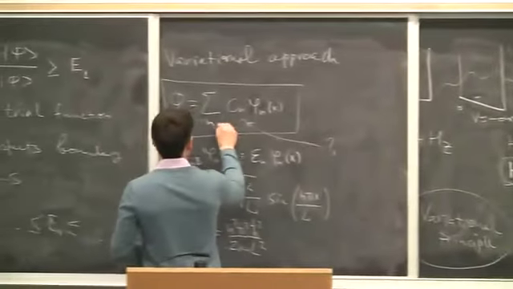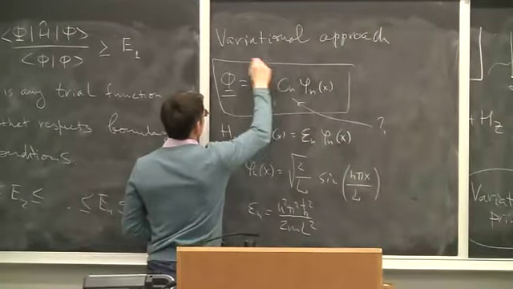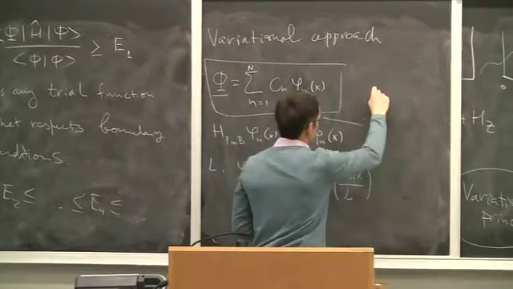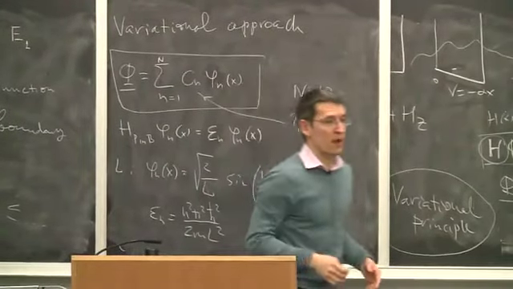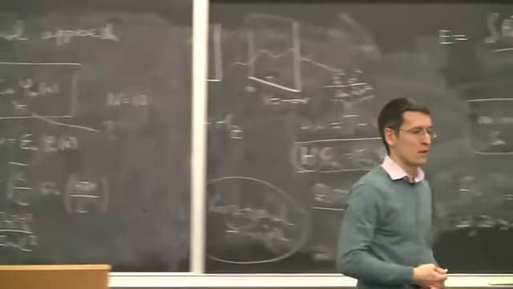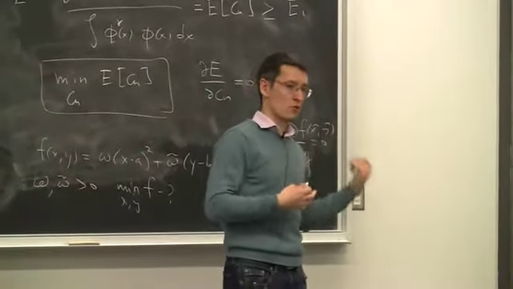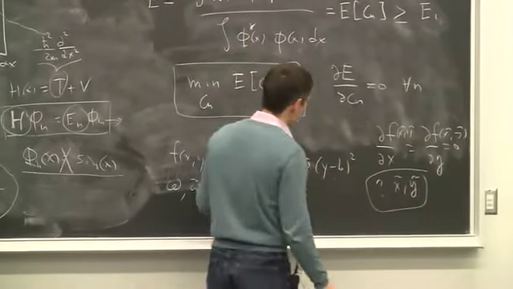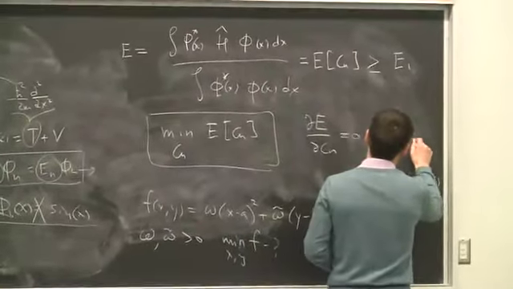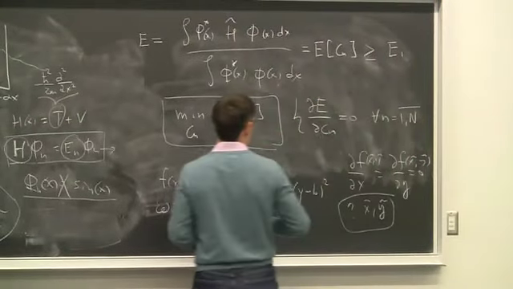So small n runs from, say, 1 to big N, where big N can be 10 or 100 or whatever number your computer allows you to. Because at the end of the day, the problem that we will try to solve is solved on the computer. It's not analytically solvable. So for all n from 1 to big N, we want this to be true.